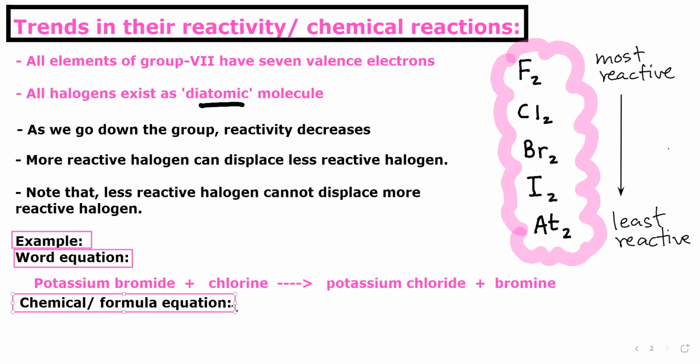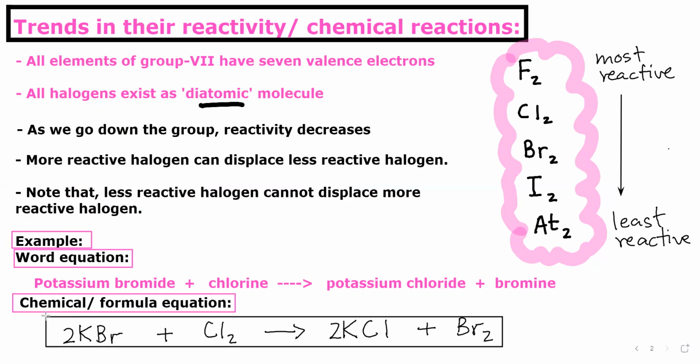So here I have potassium bromide KBr plus chlorine Cl2, keeping in mind it is diatomic. What will it form? Potassium chloride KCl plus Br2. To balance it, I would put 2 here and 2 here. This is going to be my equation for this.